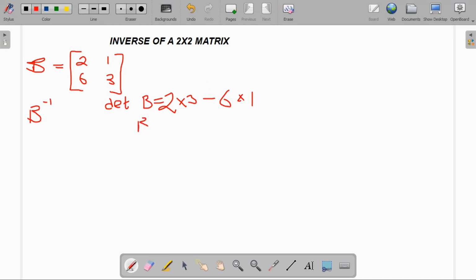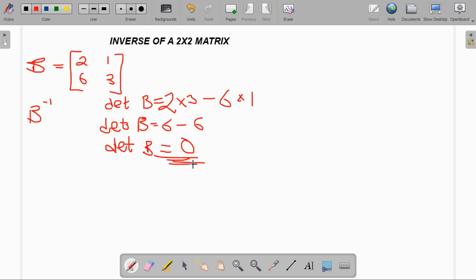So the determinant of B is equal to 2 times 3 is 6, minus 6 times 1 is 6. So the determinant of B is equal to 6 take away 6, it gives us 0, so the determinant is 0.